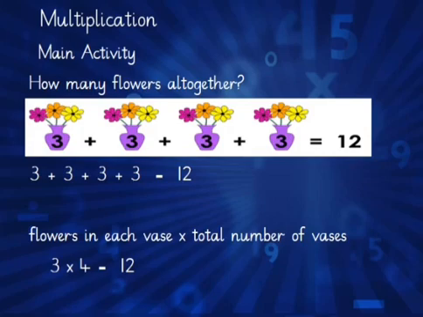And the other way is flowers in each vase multiplied by the total number of vases. And it makes a sentence, 3 multiplied by 4 is equal to 12.